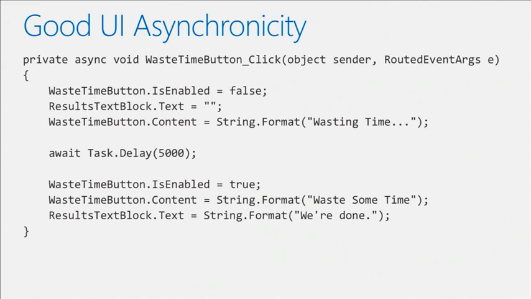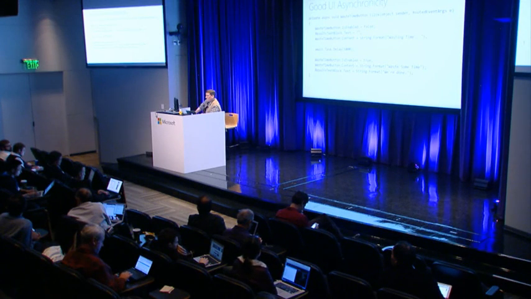So to your question about, if I kick off from the UI thread and I do something, how do I get back to it? The answer is you'll always come back to the thread that you started on. So if you're in the UI thread, you kick off background work, you await, you're going to come back to that thread. Now, if you're somewhere, for example, like an accelerometer, accelerometers by default fire on a background thread, they don't fire on the UI thread. At that point, you're thinking, okay, now I'm on a background thread, and I didn't even kick it off because the accelerometer did the work.